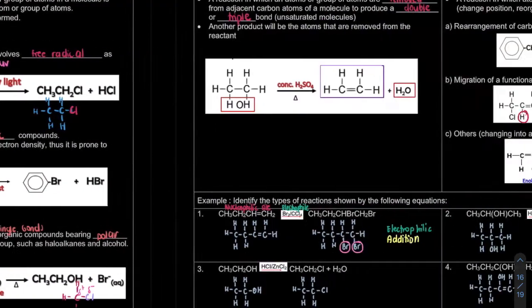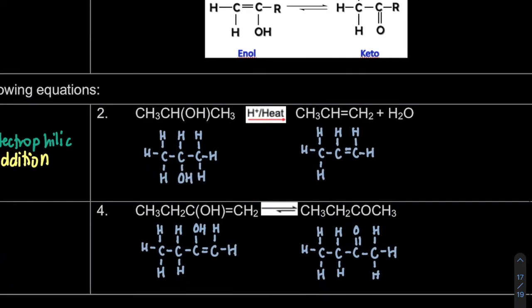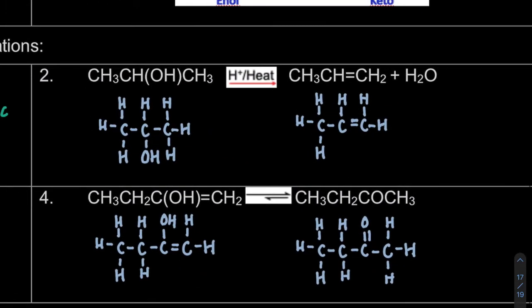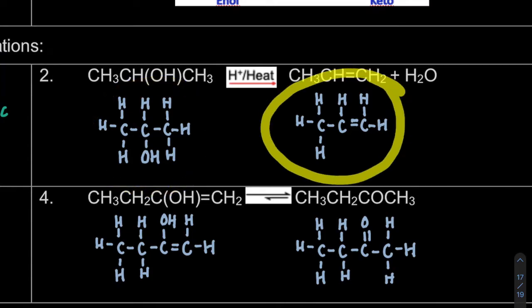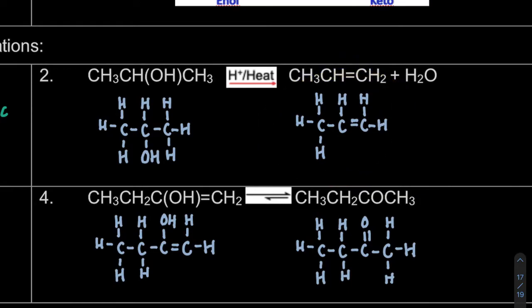Now let's look at example number 2. For example number 2 here, what we have is our alcohol. And then we have this reaction. So what are the differences? It went from a single bond to a double bond. There is a new double bond. So I'm just going to circle the double bond here. And at the reactant, I have this extra part.